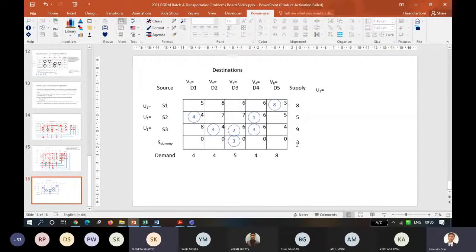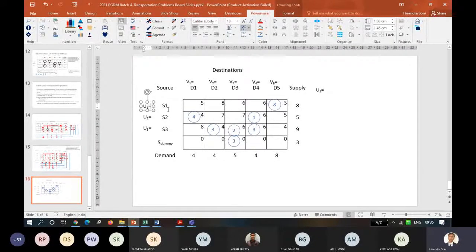So this is how you check whether the basic feasible solution that you have got is right or not. Okay. Now we will start the calculations of U and V. So we'll start with U1 equals 0. If U1 equals 0, this cost element is 3.